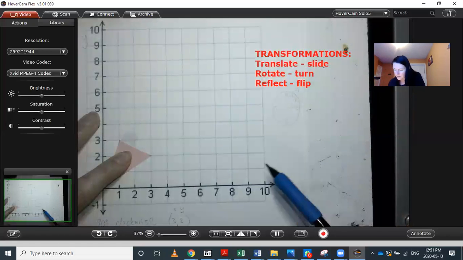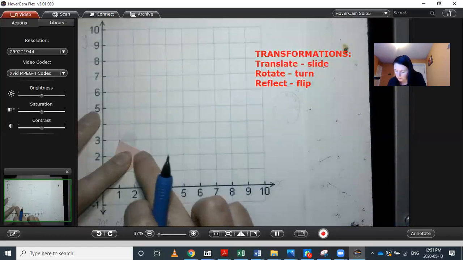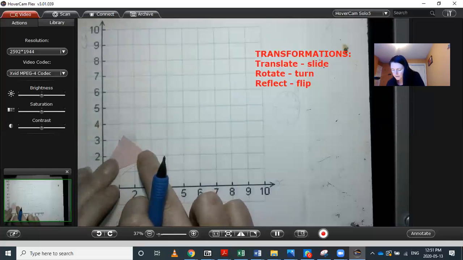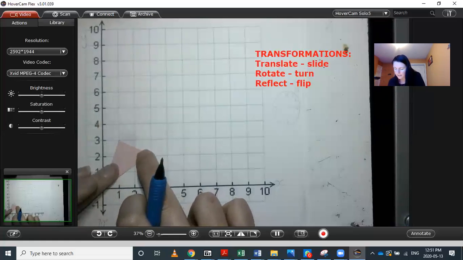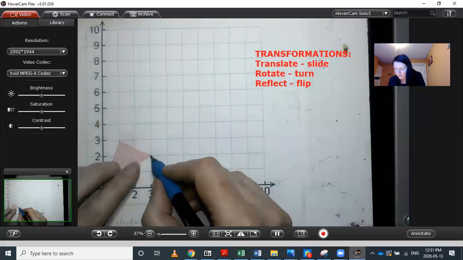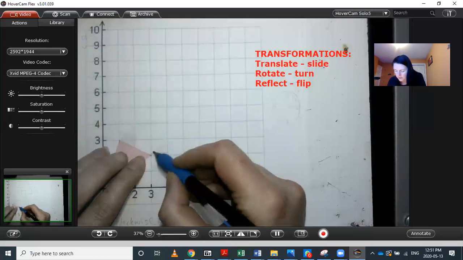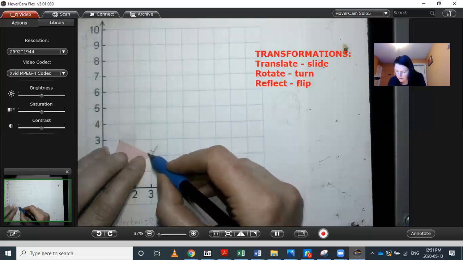So that means that we're going to hold this over here and we're going to rotate it so that one of these angles forms a 90 degree angle. If you were to draw a straight line down this side, it would have to go at a perpendicular part. You guys learned your perpendicular.